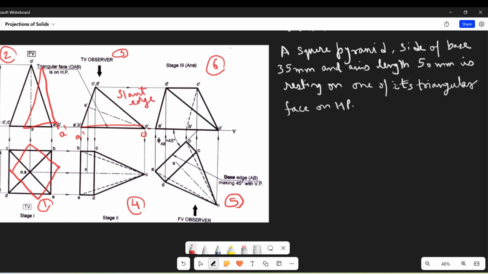So if someone draws the square like this, the red color, then the question would be a square pyramid, side of base 35 mm and axis length 50 mm is resting on one of its slant edge on the HP. We'll come back to our given question.